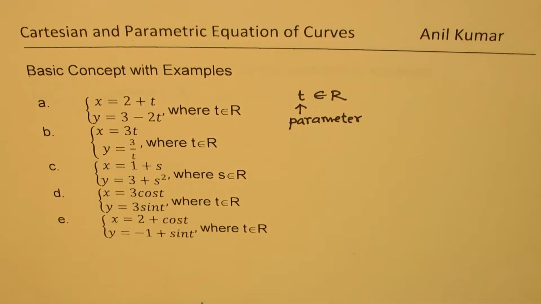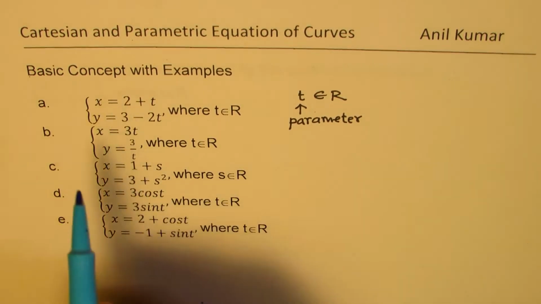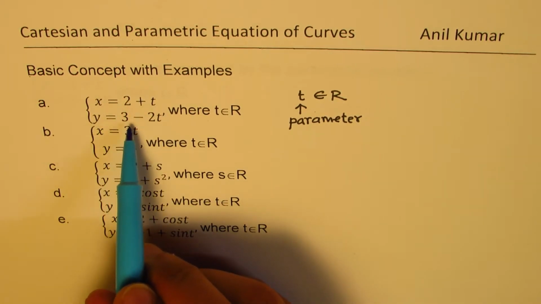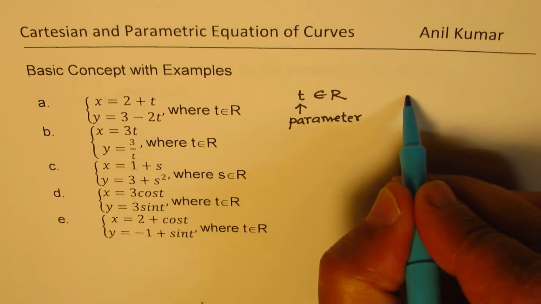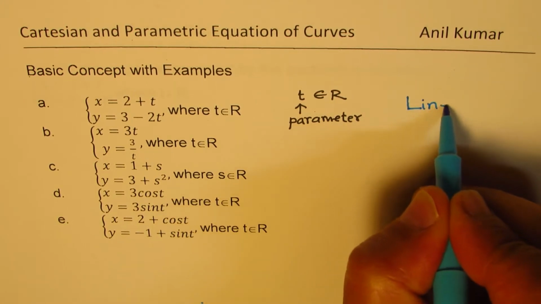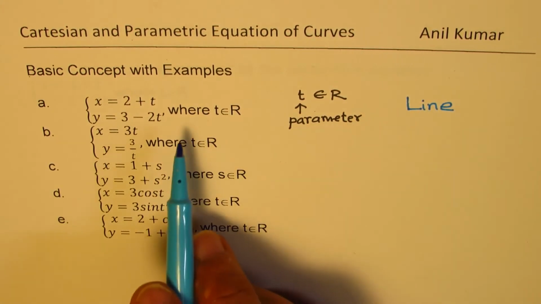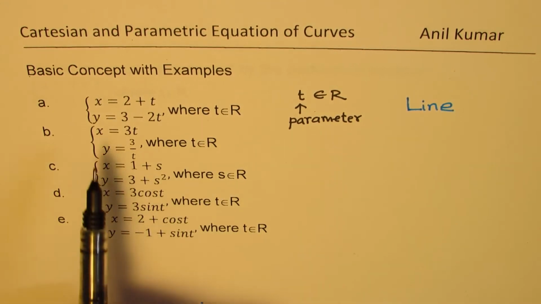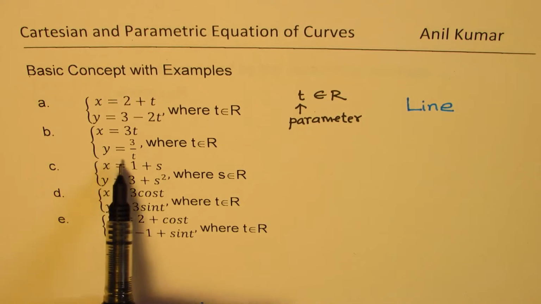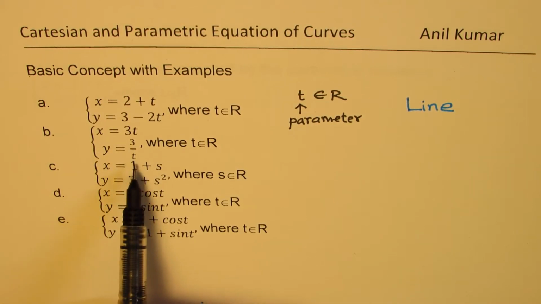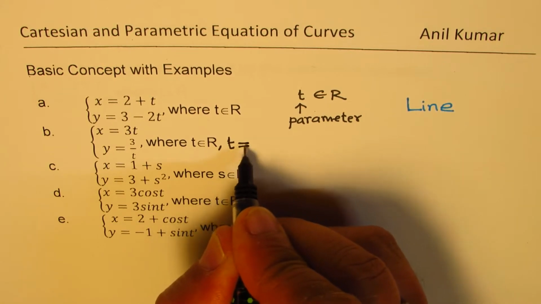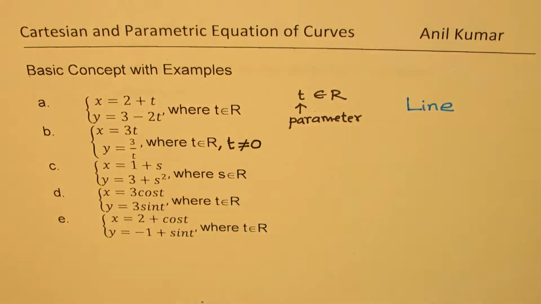Now, let me also tell you that this set of equations, x equals 2 plus t and y equals 3 minus 2t, will actually represent a line. We will see how, and we'll also see how to sketch this. The second one is x equals 3t, y equals 3 over t. Since t is in the denominator, I should add here that t is not equal to 0, right?